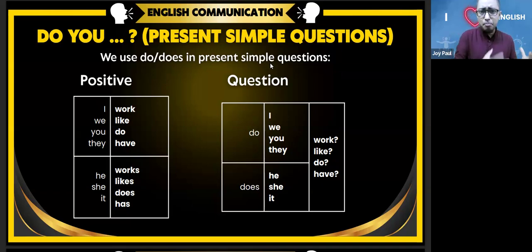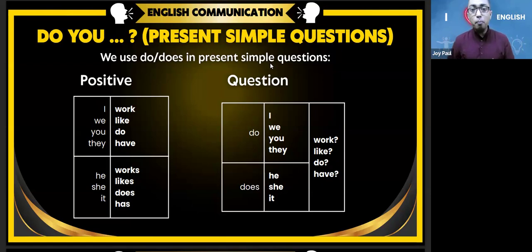We have been practicing in many sessions, because in spoken English most of the time we speak in present simple. If you can master present simple, all the grammar rules and strategies, then you can easily convey your message to others, right?